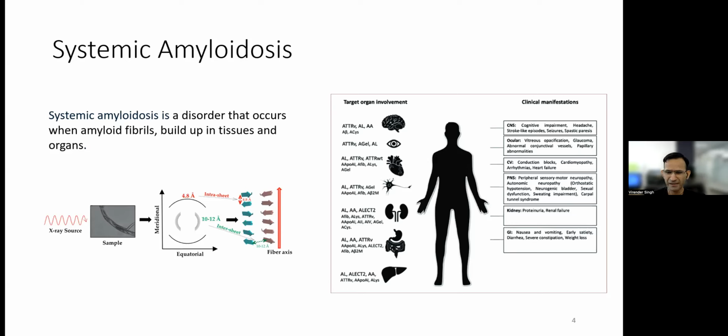But there are many other proteins which only affect the kidney, and a few affect only the liver. Based on the tissue they affect, each of these proteins has different clinical manifestations. And many of these diseases have overlapping clinical manifestations, which makes them difficult to diagnose.